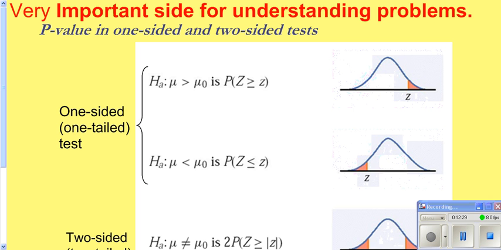But how do we figure out that p-value? Well, if your alternative hypothesis is greater than, that means when you're looking at your standard normal curve, you're going to be looking at that score and the area that's above that. If it's less than, you're going to be looking at that z-score and the area below that.